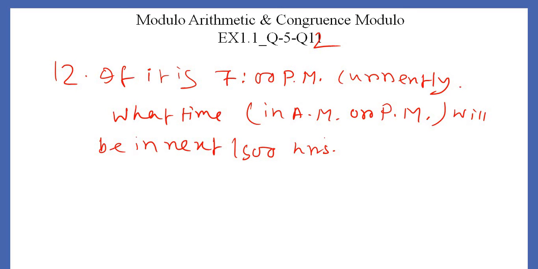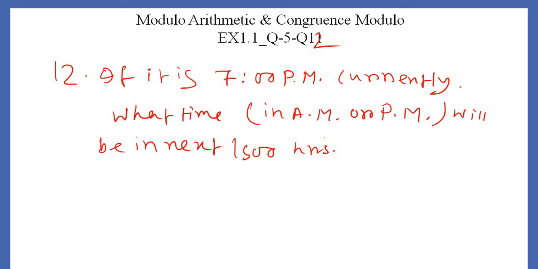मतलब आज अगर 7 PM है तो 1500 hours के बाद कितना टाइम होगा? Very conceptual question. That is actually the question of time, but you can solve this by applying the concept of congruence modulo very easily.